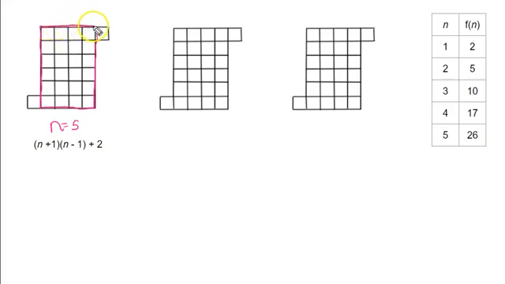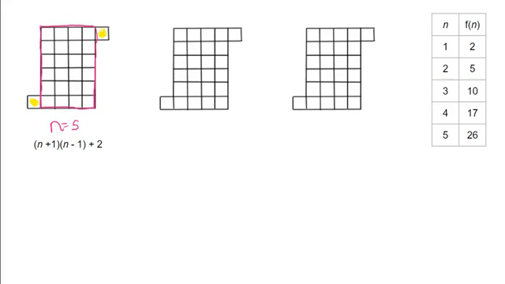And so that would give us the area of this entire center piece. And then we have the +2, which represent these extra 2 pieces here and here.